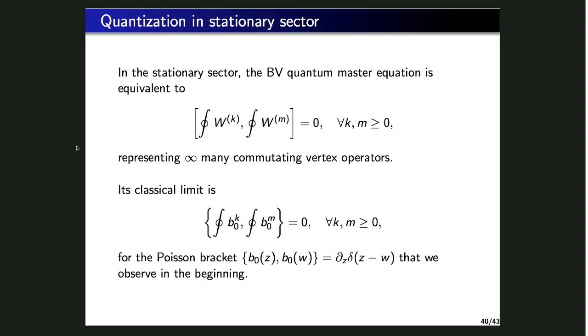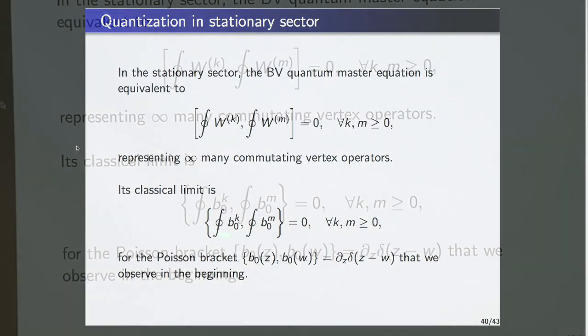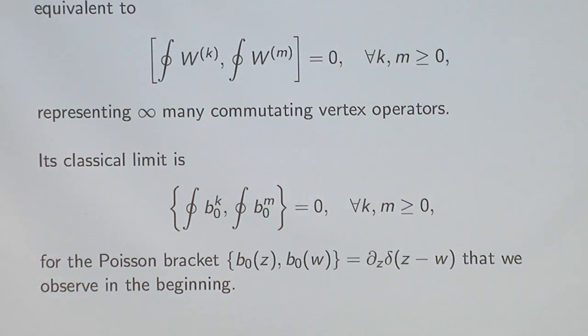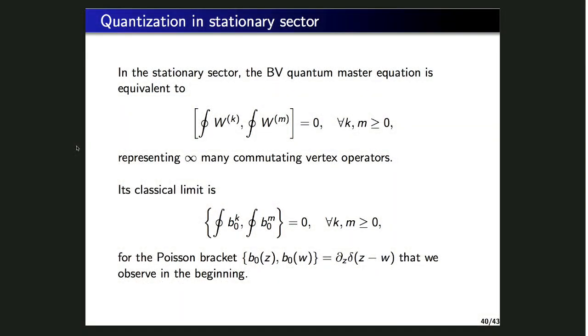This is exactly the one I described at the beginning of the talk: if you look at the exponential function and its power series expansion, you find these polynomial functions and infinitely many commuting operators, which leads to the KdV integrable hierarchy. And that's what's happening here.